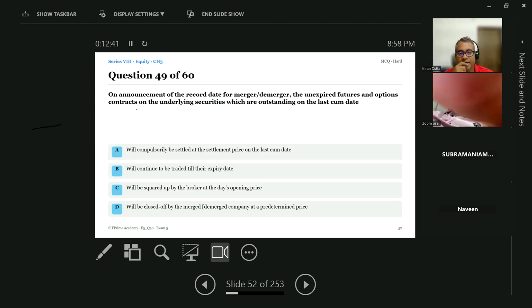Once the demerger is happening, those contracts have to be settled at the settlement price on the last cum date. They can't be traded further. Always remember this, guys.